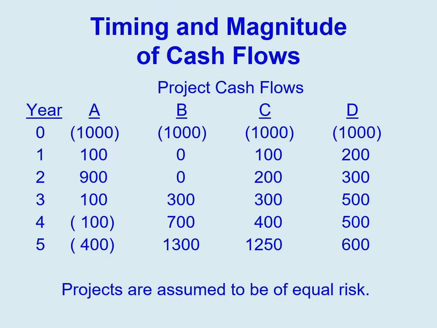So again, this is giving you one more look at the timing and magnitude of the cash flows, and like we were talking about for Project B, see how that $1,300 cash flow in year 5 is what's hurting Project B and causing the slope of that net present value profile to go down so fast. And since Project D is more evenly distributed, you don't see the slope being quite as steep, and C is just kind of right in the middle.